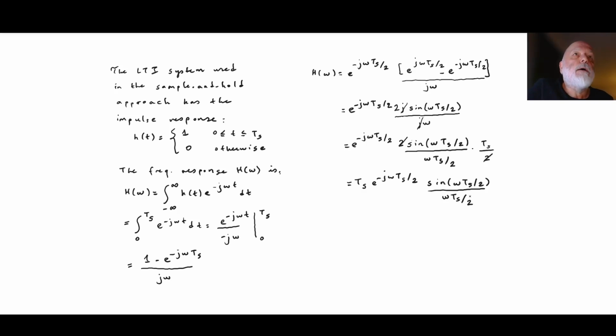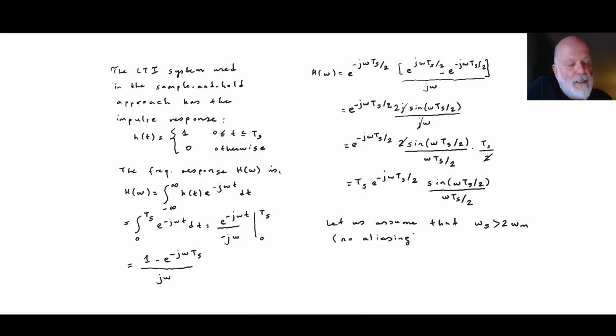Now, let us assume that the sampling frequency omega s is greater than 2 omega m. Therefore, no aliasing case.